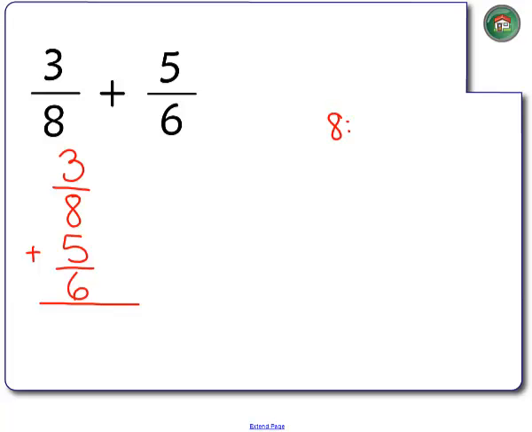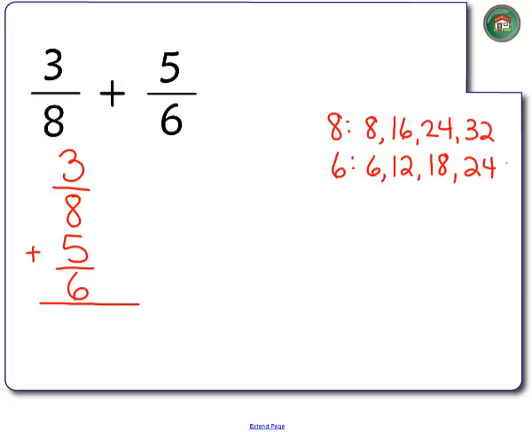If you need to, you can list the multiples to find that common denominator. Here we have 8, 16, 24, and 32. When I use 6, 12, 18, 24. There's the number we need.